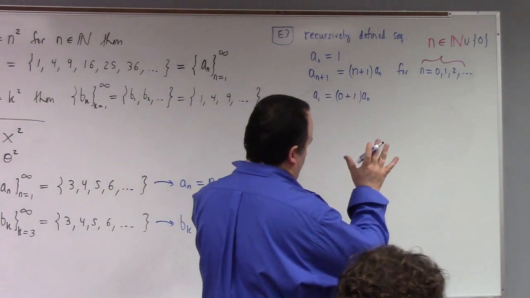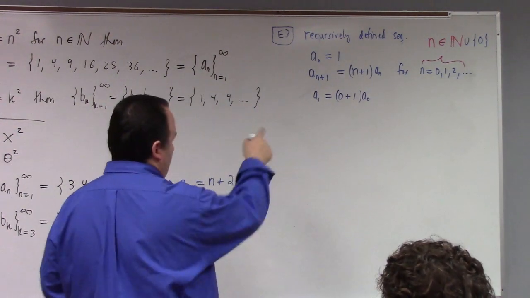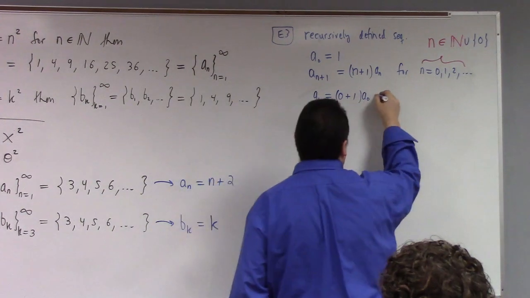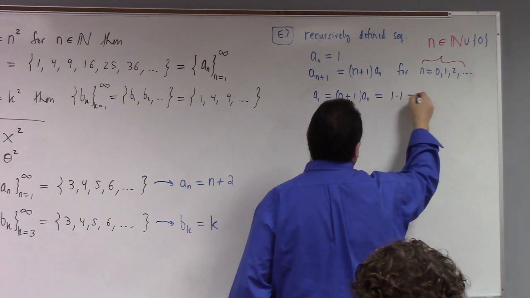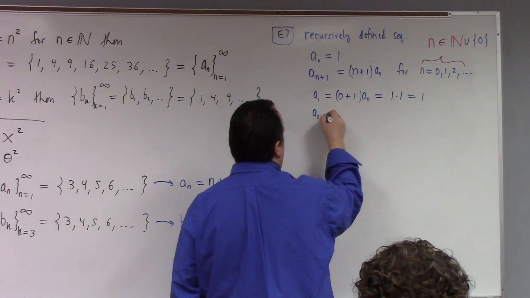Okay, so put in n equals 0, we get this, which is what? 1 times 1, which is 1, right? How about a2?